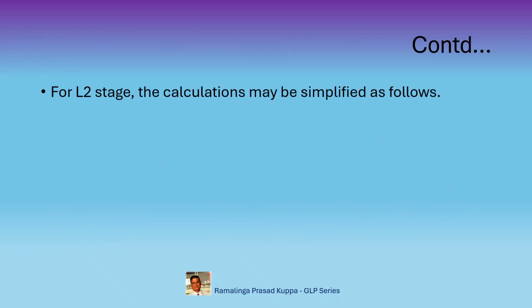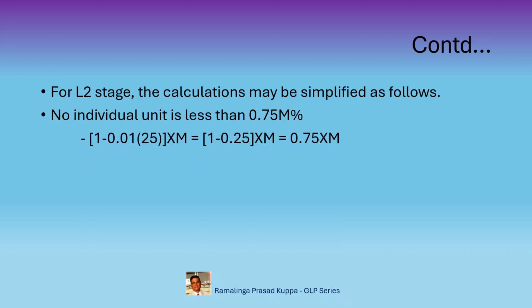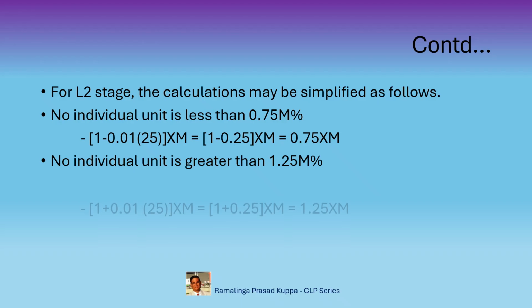For the L2 stage, the calculations may be simplified as follows. No individual unit is less than 0.75 M%. That means the calculation is (1 minus 0.01 multiplied by 25), the whole again multiplied by M. That is 1 minus 0.25, that is 0.75 multiplied by M. No individual value is greater than 1.25 M%.